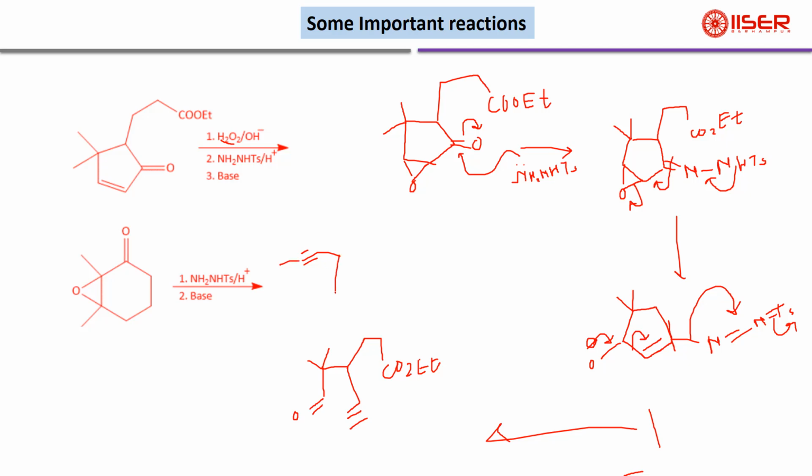If you do it step by step, you can get an idea. This will be the product here. If you just draw this by yourself, step by step, you will get that product. It will be the product. Okay.